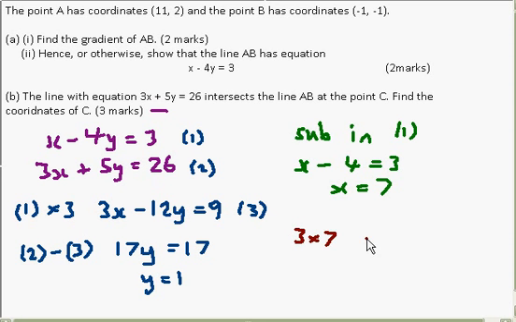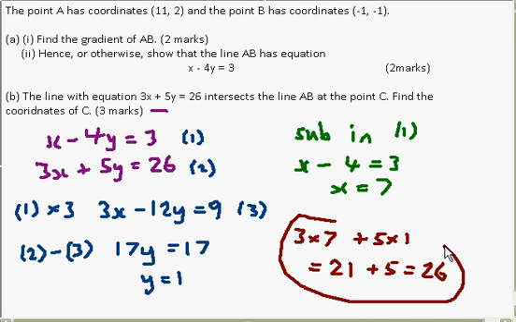I've got 3 times 7, 3x's, plus 5 times 1, 5y's. 3 sevens is 21. 5 ones is 5. 21 and 5 is 26, which is exactly what I wanted to get. Okay, so that was just a quick check. So x is 7, y is 1, and that's 3 more marks. Total for this question, 7 easy marks.